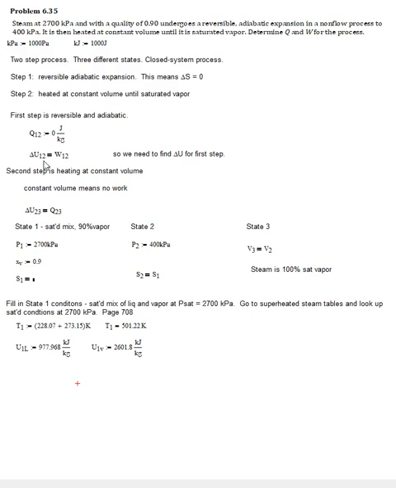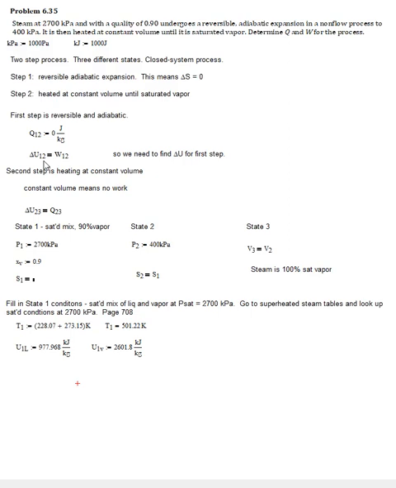So if our pressure is at 2,700 kilopascals, we need to go to our saturated steam tables. If you go to page 688, and turn your book sideways, the very last entry on page 688 has a temperature of 228 degrees C and a pressure of 2696.5 kilopascals.